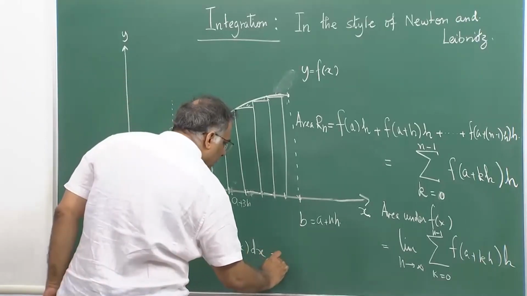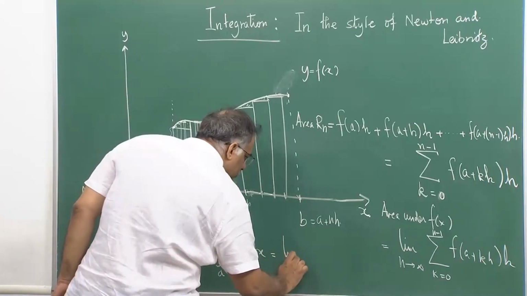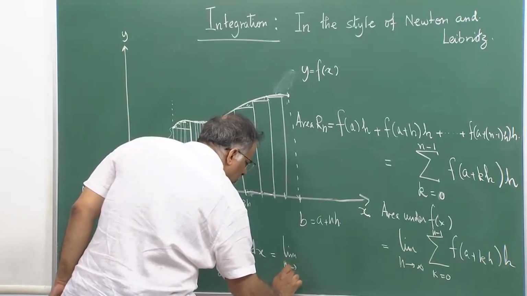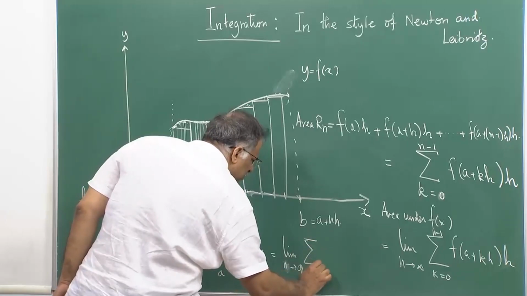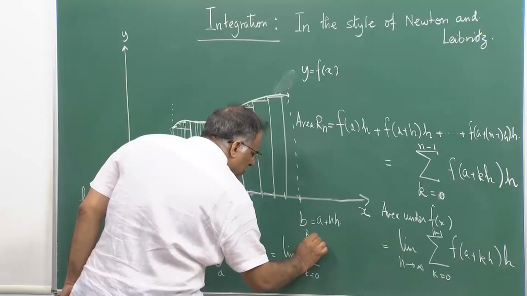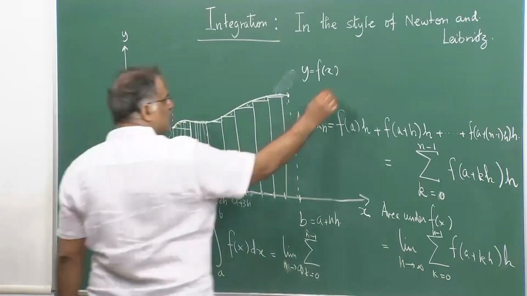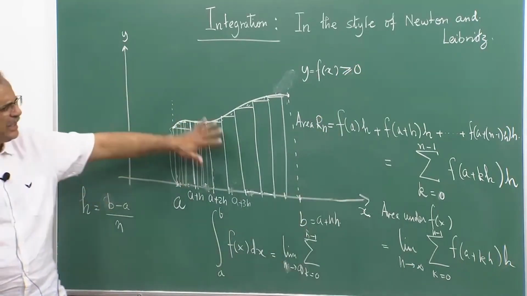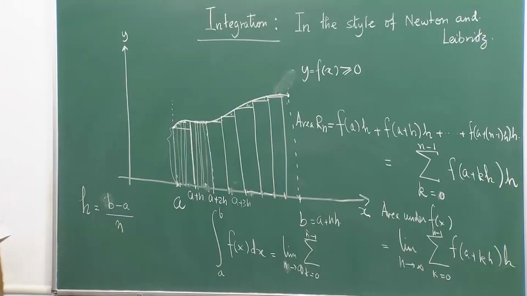Here we are only considering functions which are non-negative, because for such functions my area is very clearly defined. For functions which are fully negative the area is also clearly defined, but for a function which is both negative and positive, there is some issue we really need to take care of.